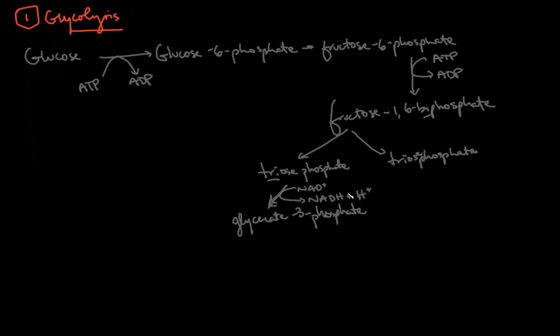And again, if you're confused about this, go back to the beginning of this video where we talked about that this is a form of reduction. So we got this G3P molecule, which then will be converted in one more step into a molecule that we will call pyruvate, or pyruvic acid. And again, that's happening twice, to the other triose phosphate.